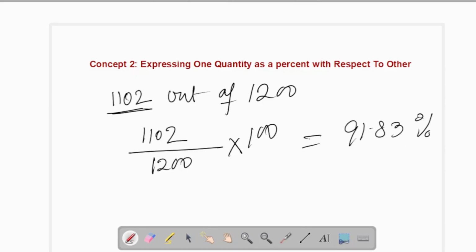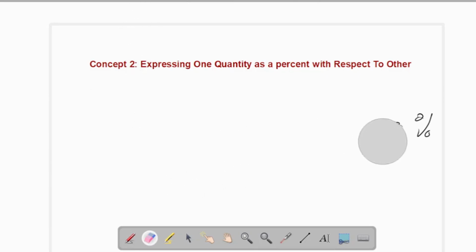So whenever we need to express a percentage, it is expressed in terms of other value. Take another example.